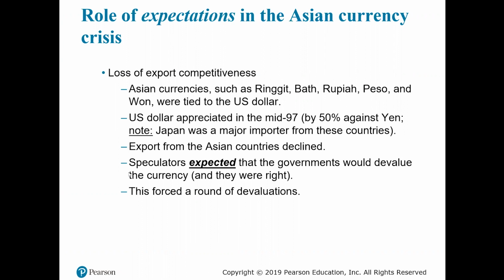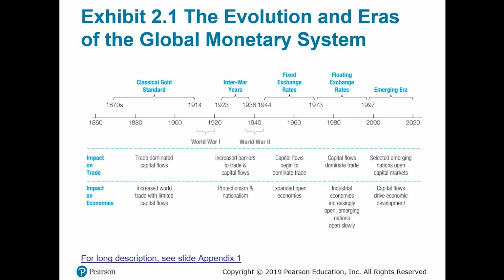I told you previously that 1997 is an important year because of the Asian currency crisis, when I was discussing the brief history of the international monetary system. This is an important threshold year, primarily because of the East Asian currency crisis. So what happened in East Asia?